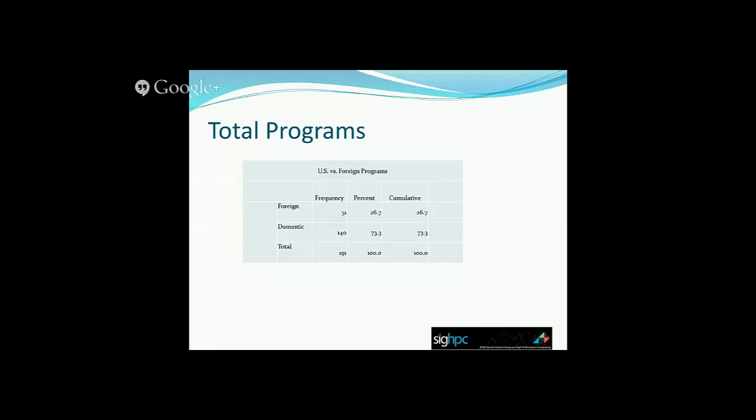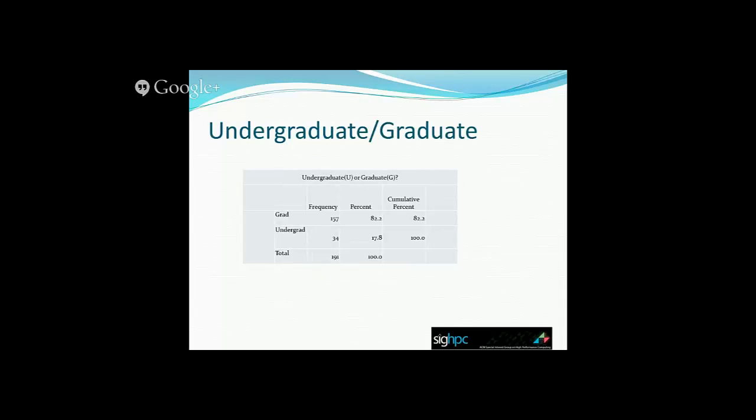So there is a significant academic presence for computational science related programs. Of those, the majority are graduate programs, 157, with 34 undergraduate programs. This is potentially a problem that we'll talk about a little later, because we're not really filling the pipeline to graduate programs very well, and that's one of the issues in making these programs viable in the long run.